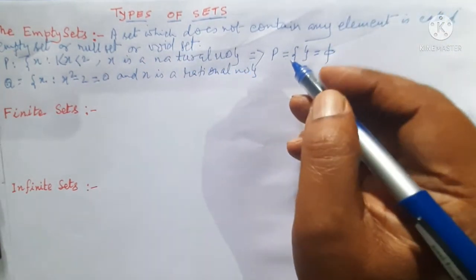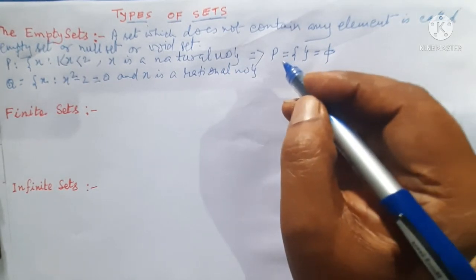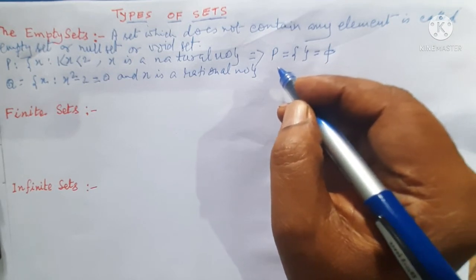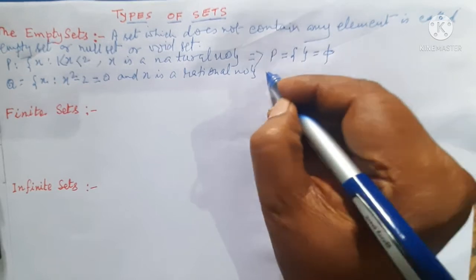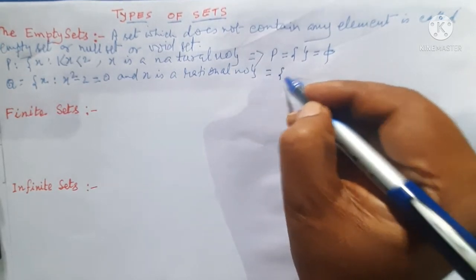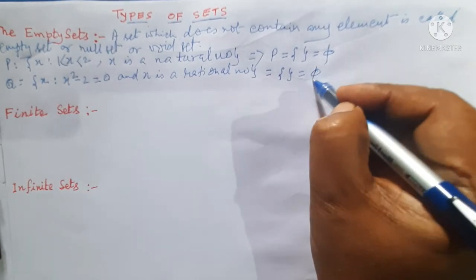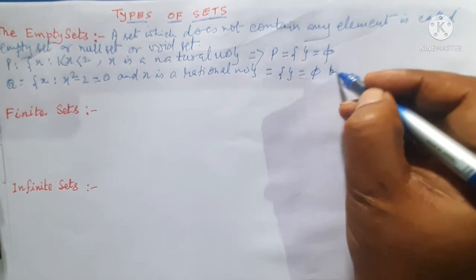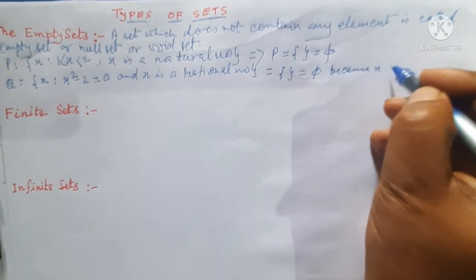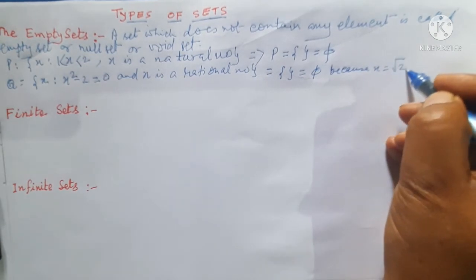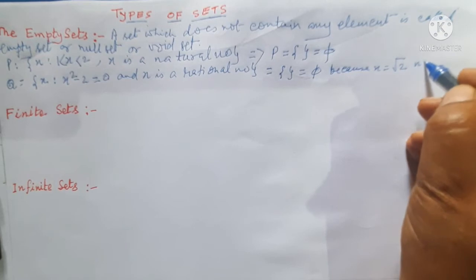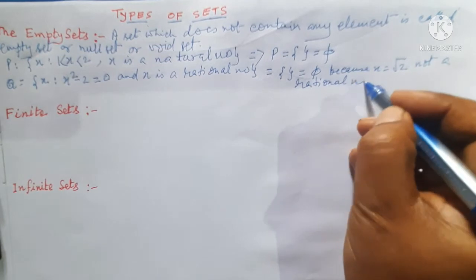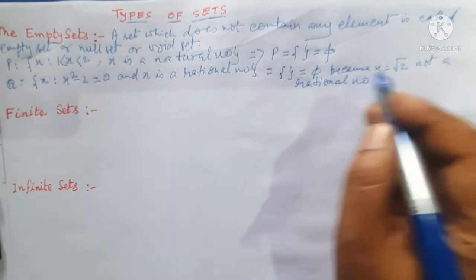A square root of 2 cannot be a rational number. Therefore, this is an empty set. The only reason is that x is equal to square root of 2, which is not a rational number. That is why this is an empty set.